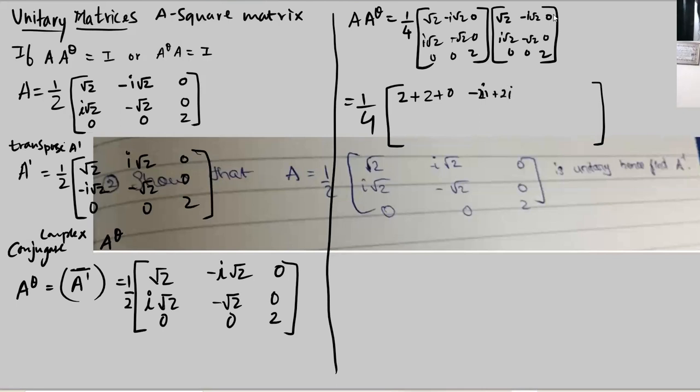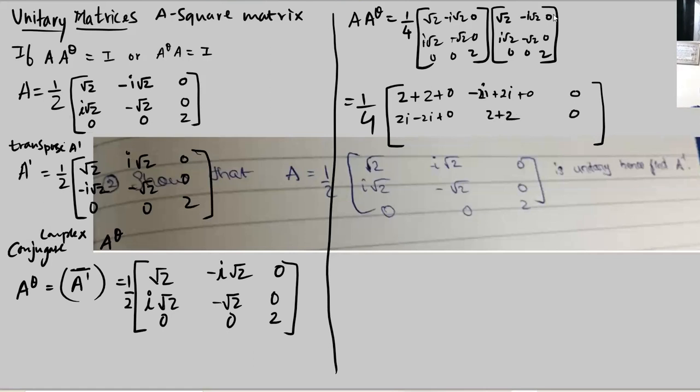So it is 0. Got it? Similarly, if you take second row and first column, again you will get the same thing, 2i and then minus 2i, so again that will be 0.